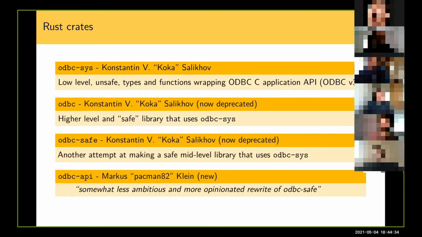And basically that was it. There were also a few contributors apart from Konstantin, but I'm just naming him because that's his repository. And there is also Marcus, Pacman82, who recently created odbc-api, which tries to learn from the mistakes of odbc and odbc-safe.